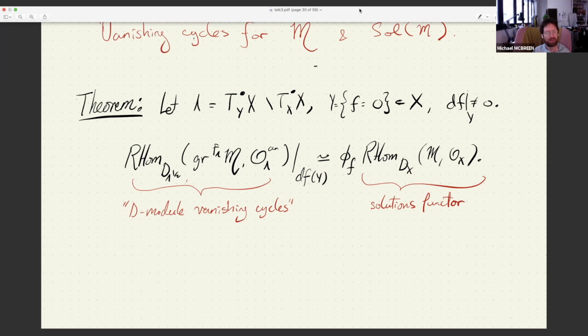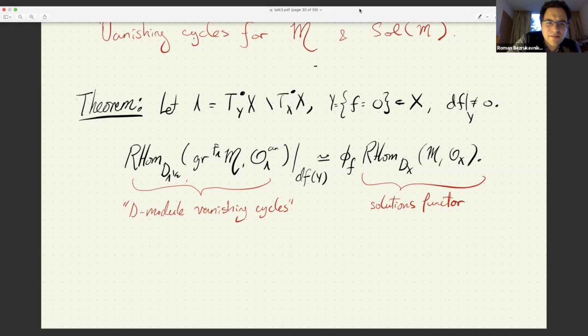So I guess the reason it is sometimes stated as I wrote it down here is just that if you only know about vanishing cycles but don't know about specialization, then this is a statement you can make. But on the other hand, if Y is a divisor, that's pretty much the same. It comes to the same thing.